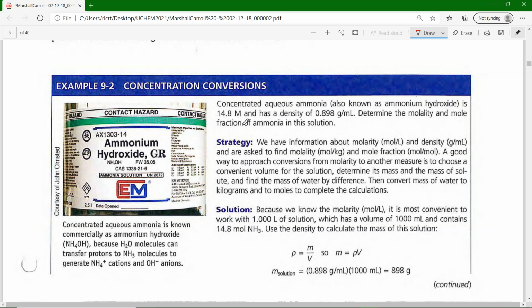Determine the molality and mole fraction. Okay, we're going to need the molar mass somewhere, I think. We have information about molarity and density, and we need molality and mole fraction.